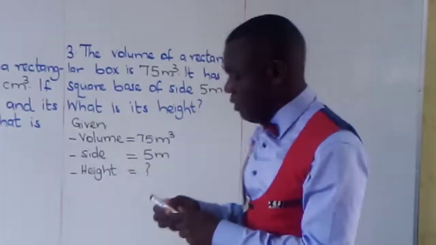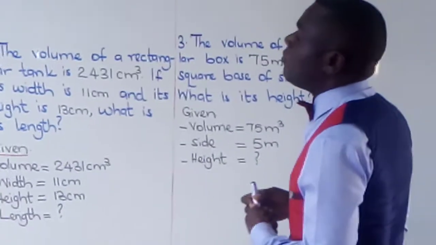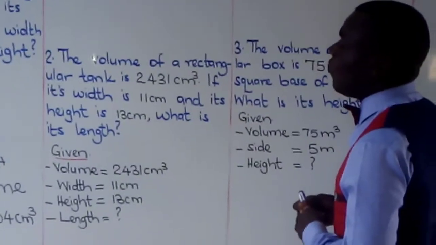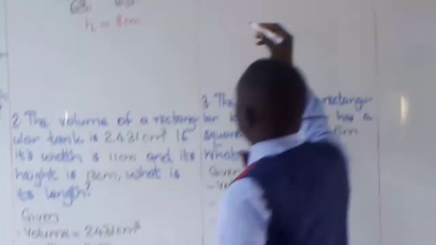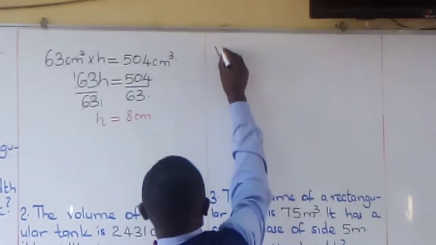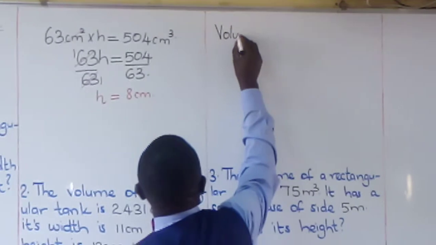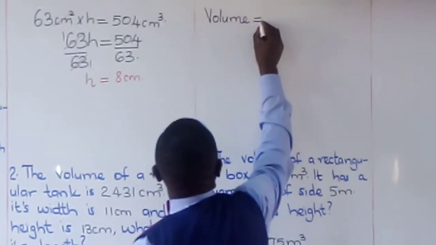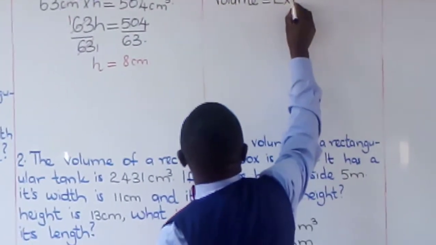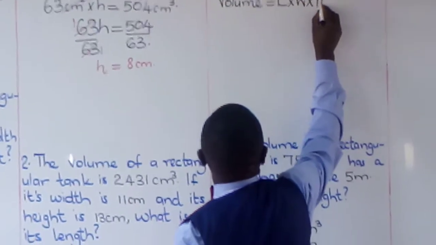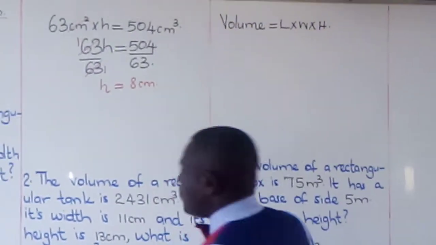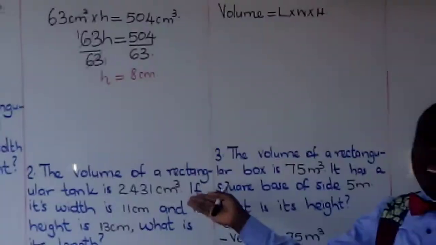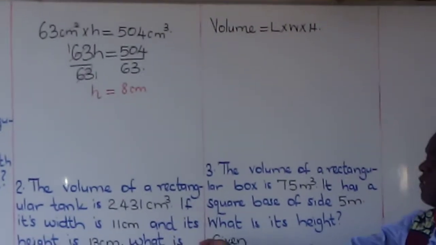The formula of finding the volume of a rectangular tank or a cuboid is volume equals length multiplied by width multiplied by height. Boys and girls, clearly we are not asked to find the volume.